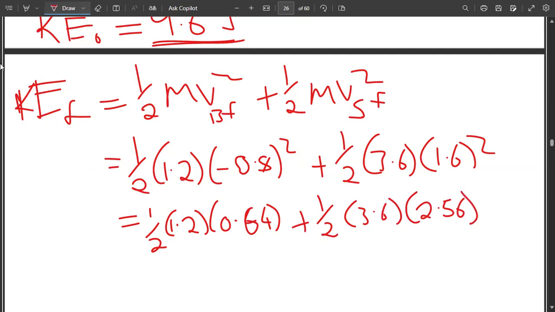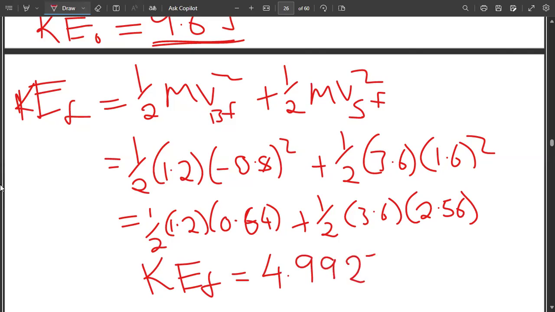And if we plug these into our calculator, we should be able to get a total kinetic energy, KE final, which is equal to 4.992 joules.